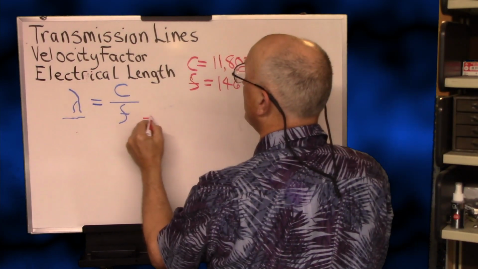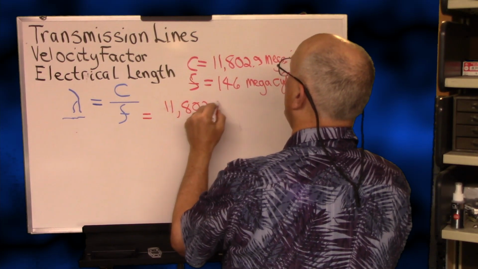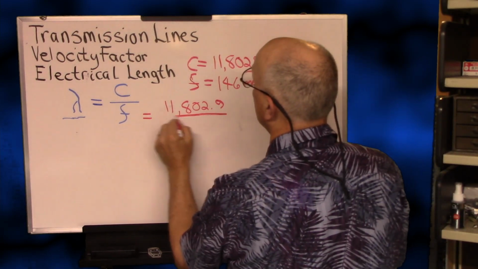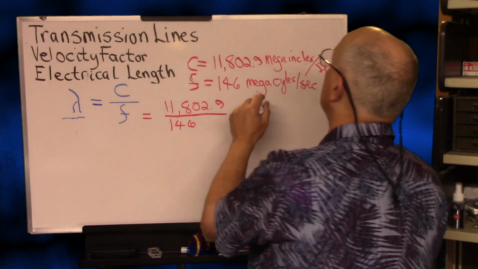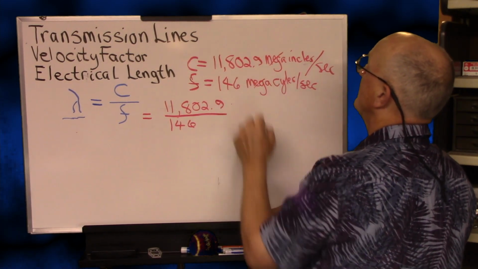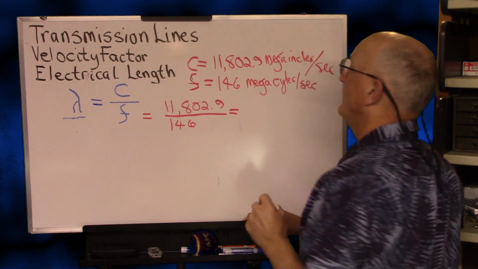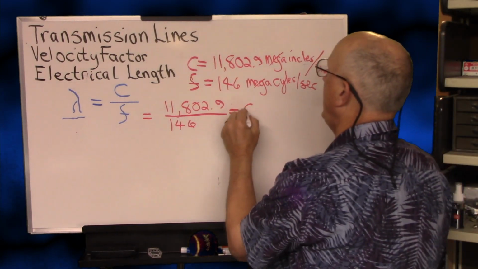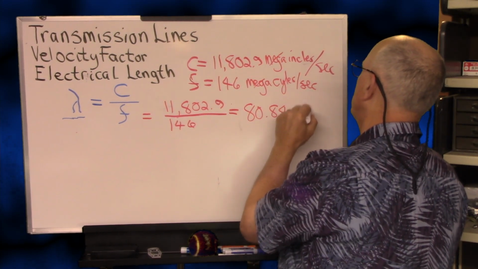So we end up with 11,802.9 mega divided by 146 mega. The mega on the top and the mega on the bottom cancel each other out, so we end up with inches, which comes out to 80.84 inches.